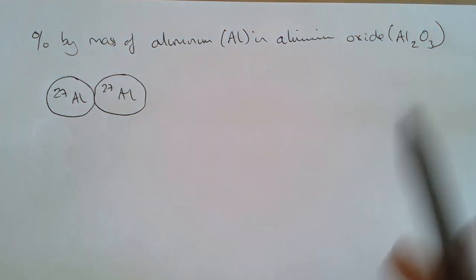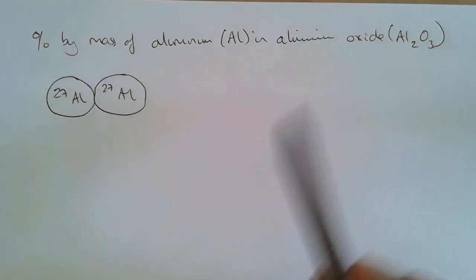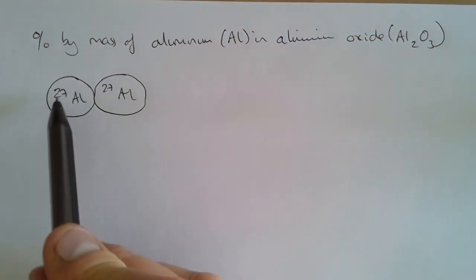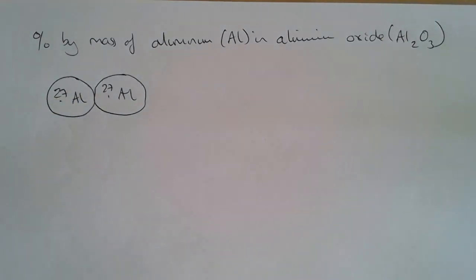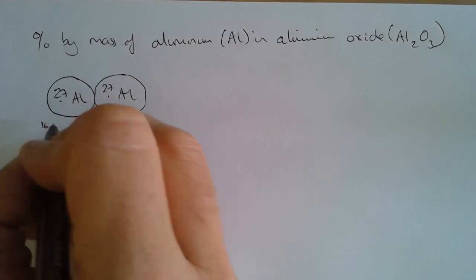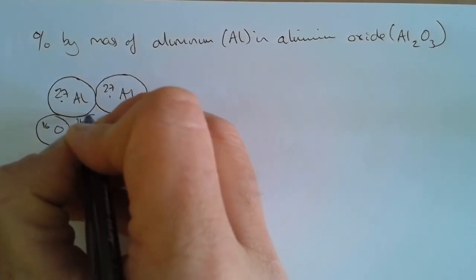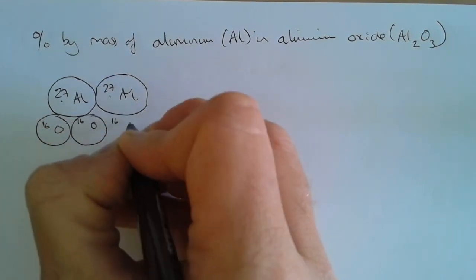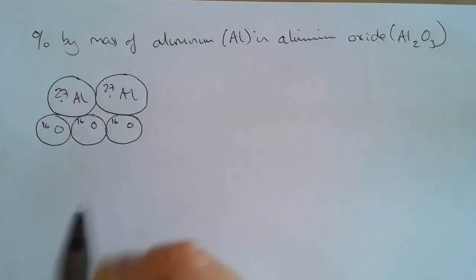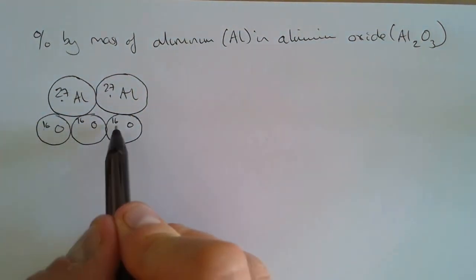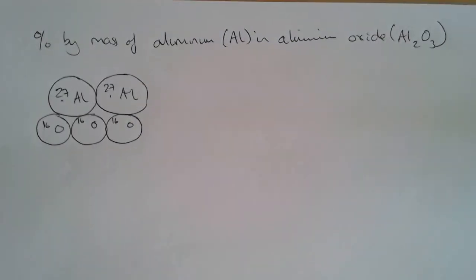So aluminium oxide has got 2 aluminium ions in it, and aluminium ions have a mass of 27. Again, we would use the periodic table to find those. And then we've got 3 oxide ions, each of which have a mass of 16. Again, that number I find from the periodic table or a data sheet which has those.